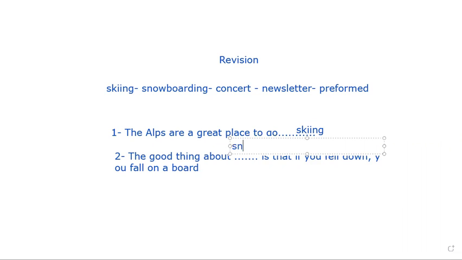So this is snowboarding. If you are confused between two choices that sound a lot similar, read the sentences, understand their meanings, and try to figure out the slight difference, the small difference between both of them, and know which one to choose.